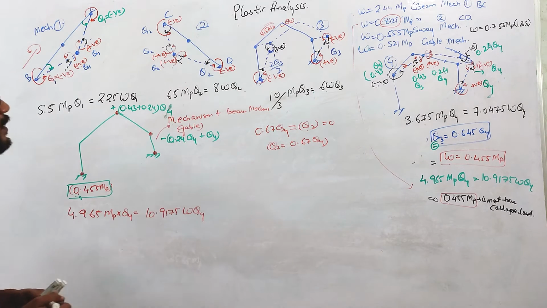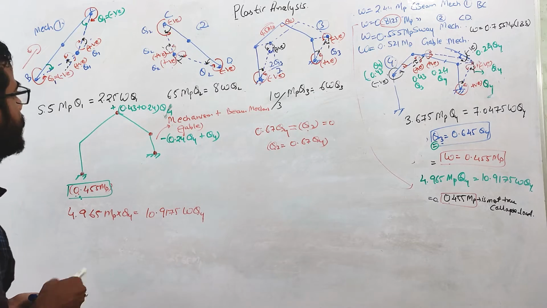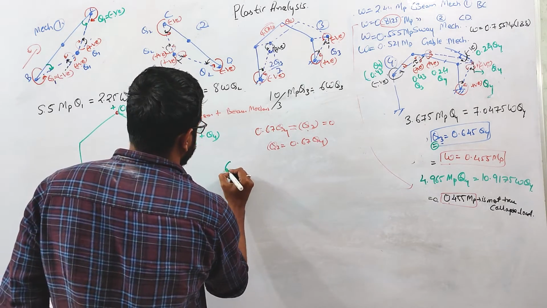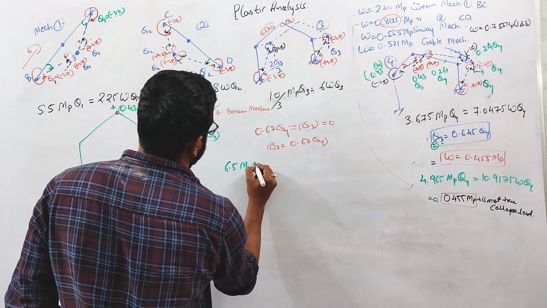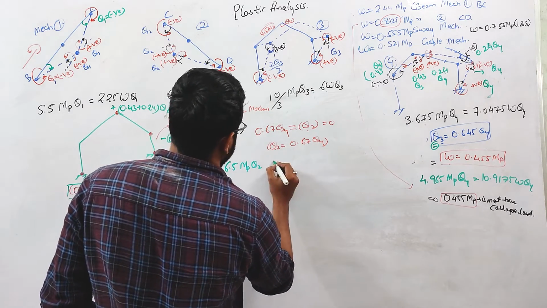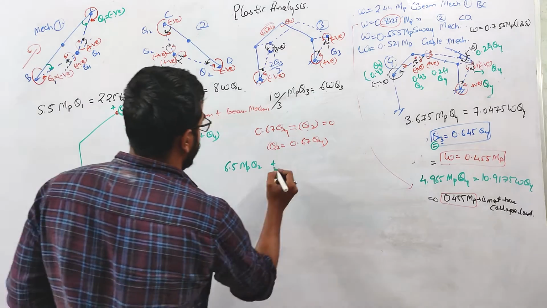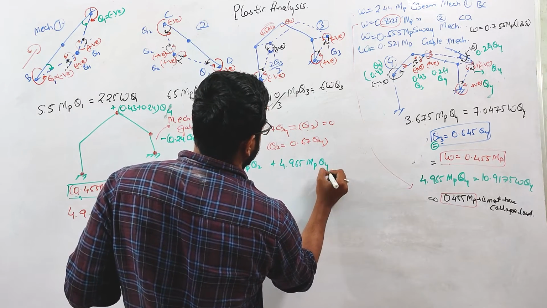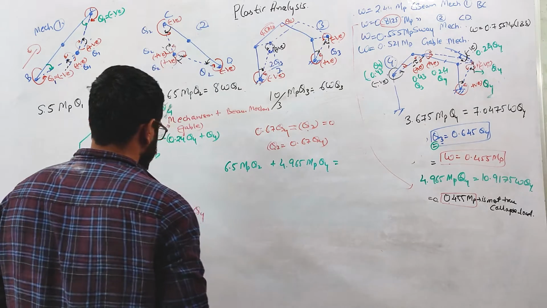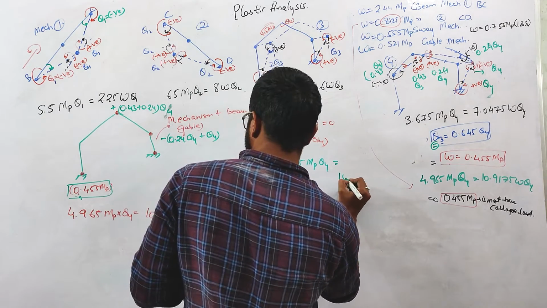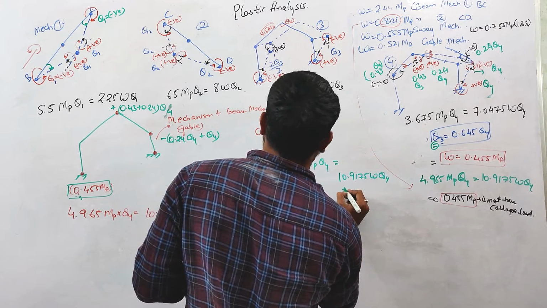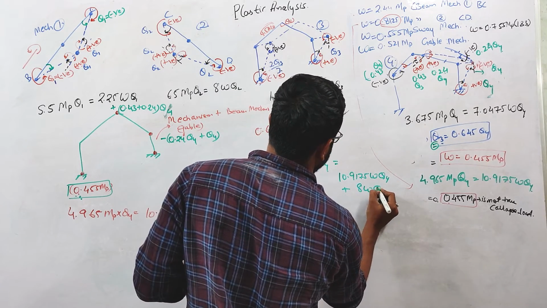Okay, so if you combine these two mechanisms, I can write the equation: 6.5 MP theta 2 plus 4.965 MP theta 4 equals 10.9175 W theta 4 plus 8 W theta 2.